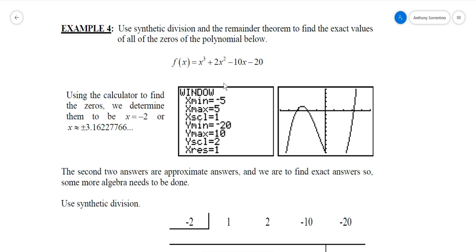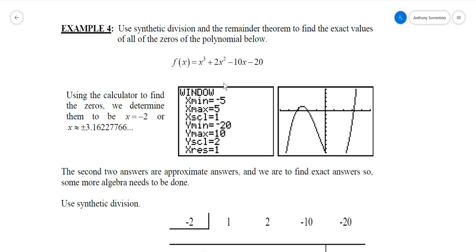I'm setting it up this way so that you can see how the calculator could be useful in identifying some zeros, and how it's going to help me eventually get the exact values of some of the other zeros. Now, I'm not going to show this all on the calculator because I have pictures from the notes in here as well.